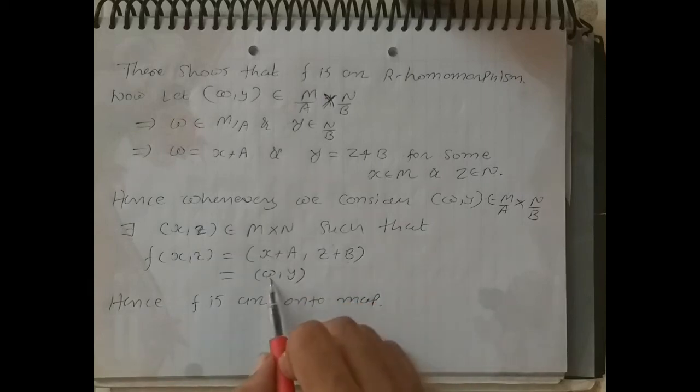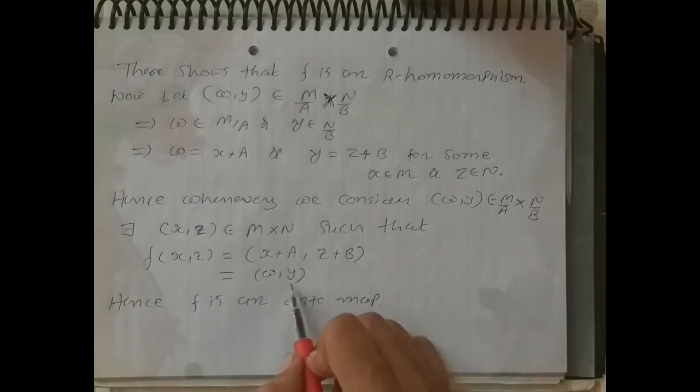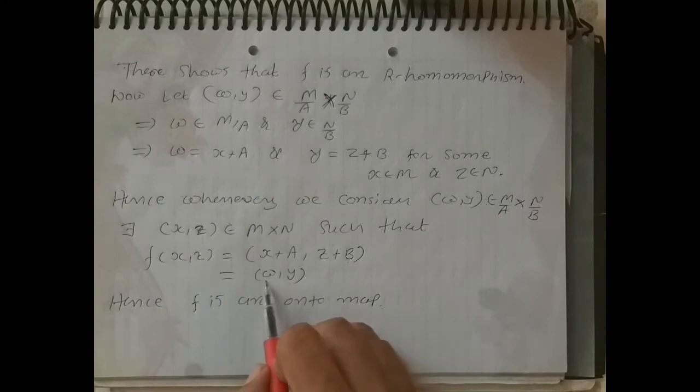Now x plus A is equal to w, z plus B is equal to y. So f of (x, z) is equal to (w, y). This is the traditional method to show f is onto.